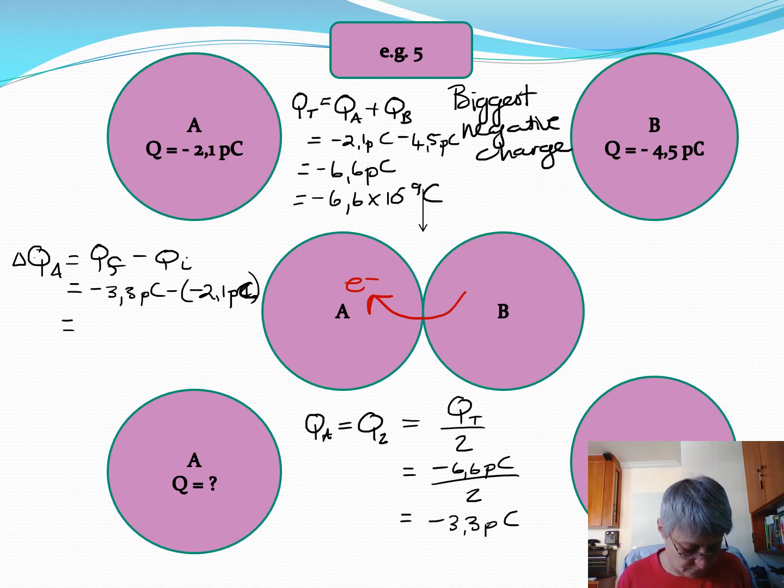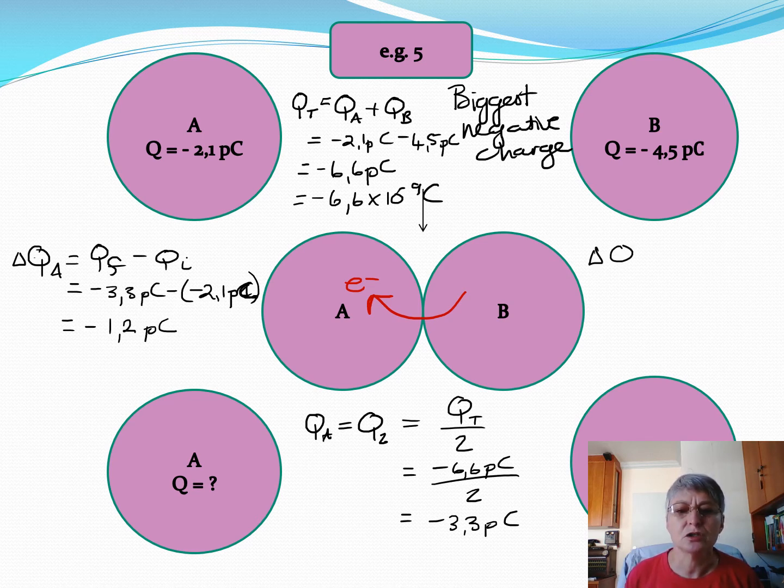So it's a negative 3.3 picocoulomb plus 2.1 picocoulomb, if you do your mathematics right. So there's a negative 1.2 picocoulomb change in charge, which means that electrons were gained by A.